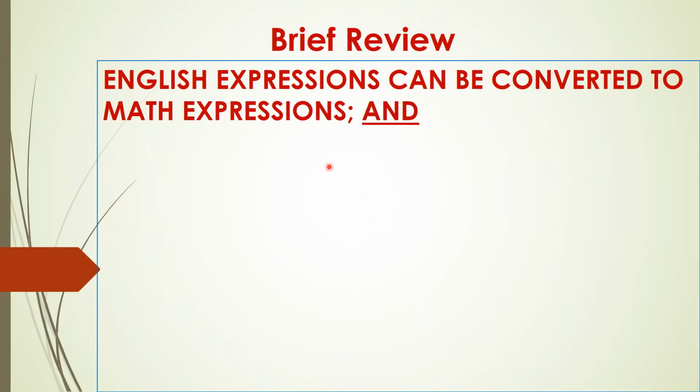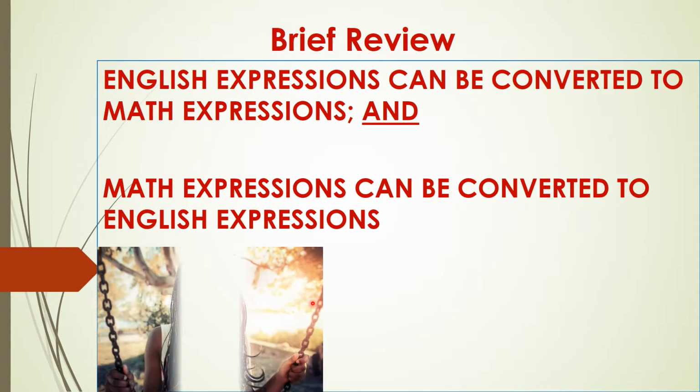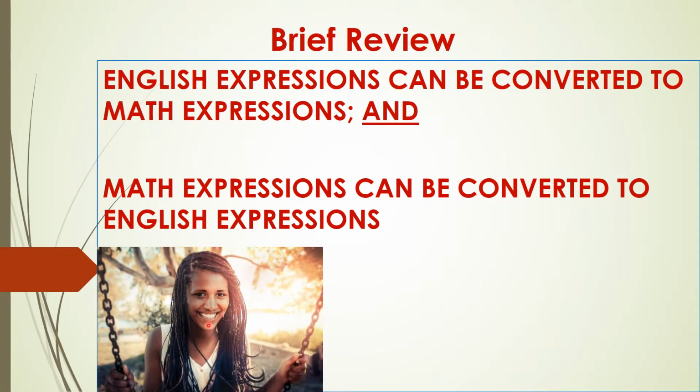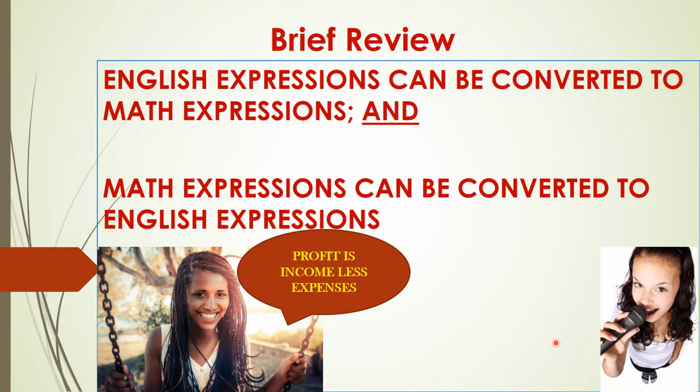Okay, so let's go ahead and do a brief review of what we learned so far. We learned that English can be converted to math, and math can be converted to English. So here we have a young lady who is a business person, and she says in English that profit is income less expenses. So over here we have another young lady who has a singing business, but she's also a mathematics major.